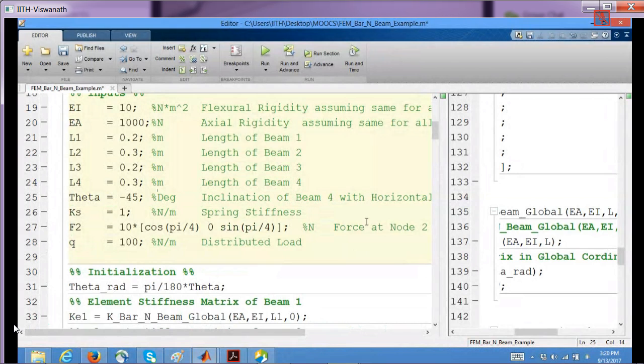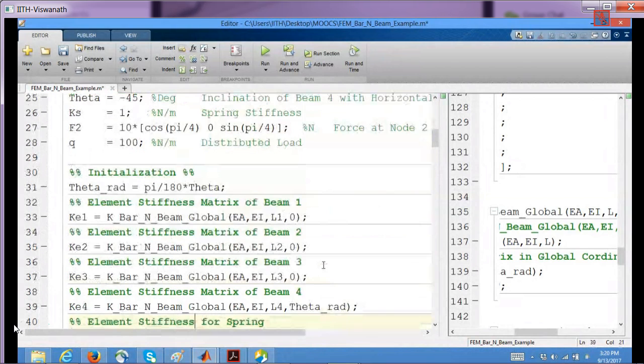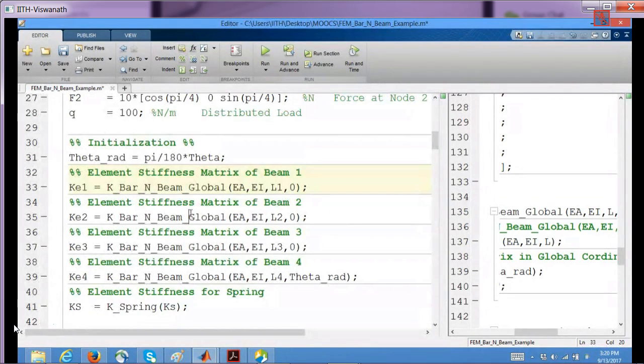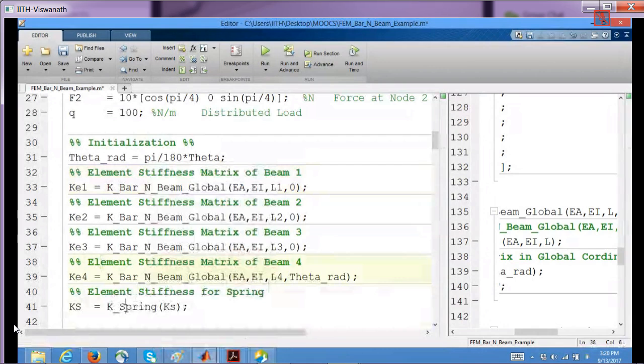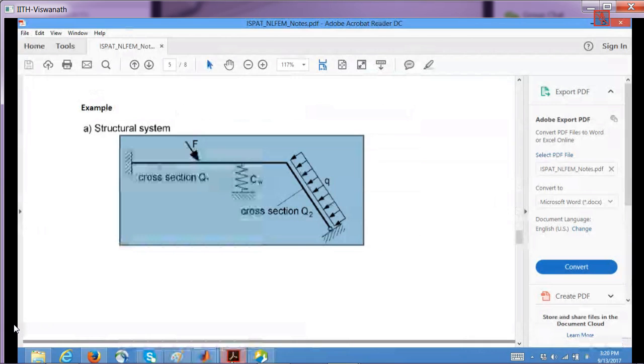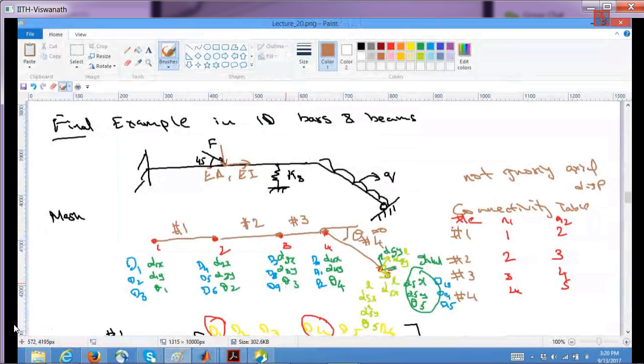Now, we have the element stiffness matrix coming from the first element, second element, third element, fourth element. And the spring stiffness is simply Ks, and we need to see where the spring stiffness would affect. The spring stiffness would affect D8 because it is the vertical thing that is stiffening it.